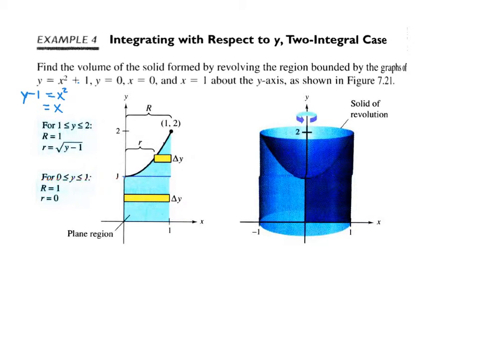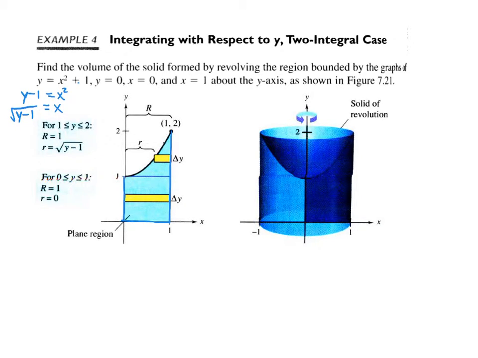X is positive or negative. Since we're revolving it, we only need to deal with one of them. It's positive, right? So square root of y minus 1. Okay? However, we want to revolve the area under this all the way down to the x-axis around.